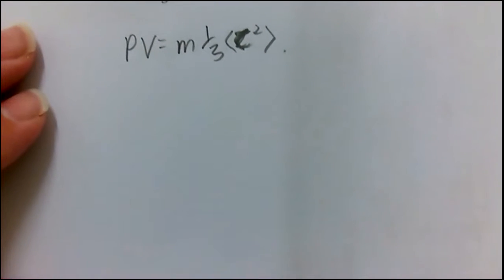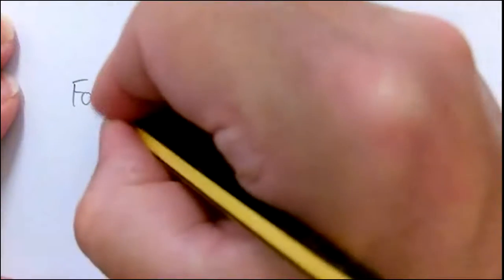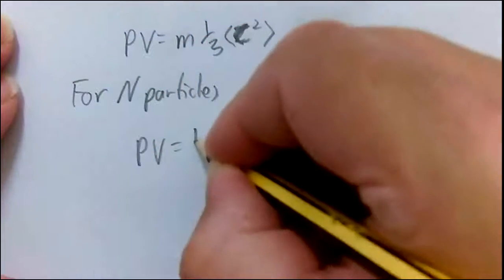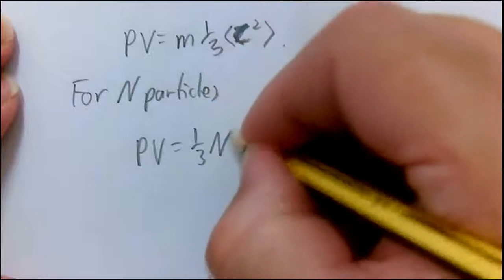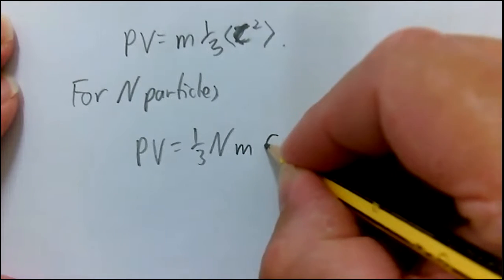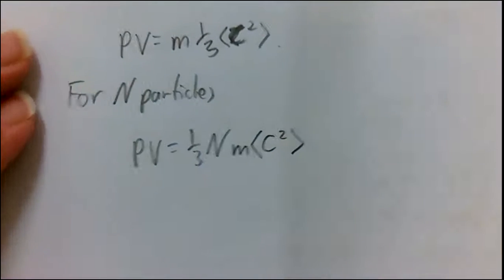That's for one particle. But every time you add a particle, you'll have more pressure because you have more collisions. So for n particles, we end up with PV is 1/3 times the number of particles times the mass of each particle multiplied by the mean square speed of the particles.